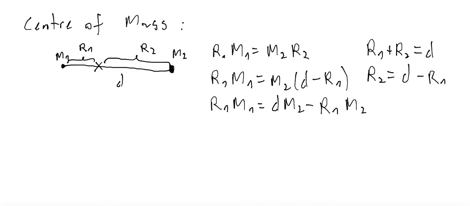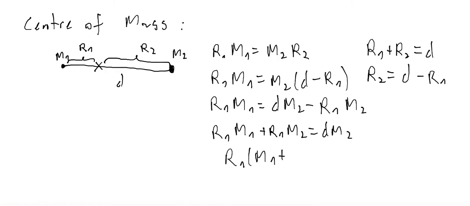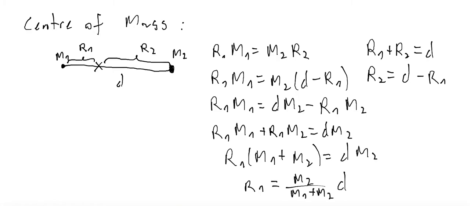We are looking for r1, so we can write r1 m1 plus r1 m2 is equal to d m2. Finally, r1 times (m1 plus m2) is equal to d m2, finally obtaining the equation that r1 is equal to m2 divided by (m1 plus m2) times d.